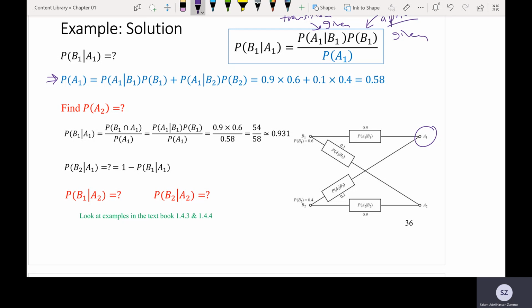So basically the probability of A1 equals the probability of A1 given B1, the probability that I received A1 given that I sent B1, multiplied by the probability of B1, plus the other alternative, I received A1 given I sent B2 multiplied by the probability that I sent B2. This is the probability of A1 intersect B1, plus the probability of A1 intersect B2. And this is what we call the total probability law.